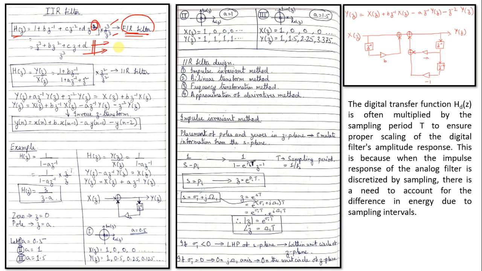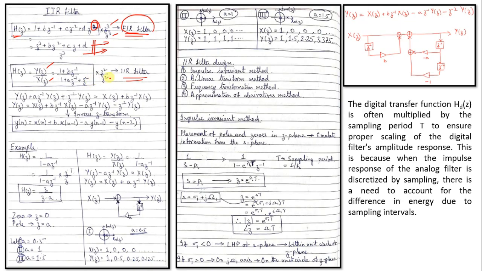On the other hand, when we consider an IIR filter, what happens? We will get two types of polynomials, Y(z) and X(z), and both of them would be polynomials. Here we have 1 plus B z inverse divided by 1 plus A z inverse plus A z to the power minus 2.